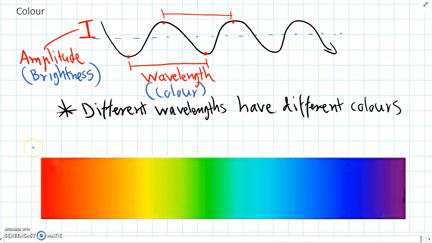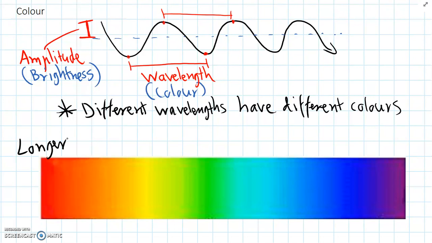And what scientists have discovered is that the red colors, the reds and oranges, have longer wavelengths compared to the blues and the violets, and these have shorter wavelengths.